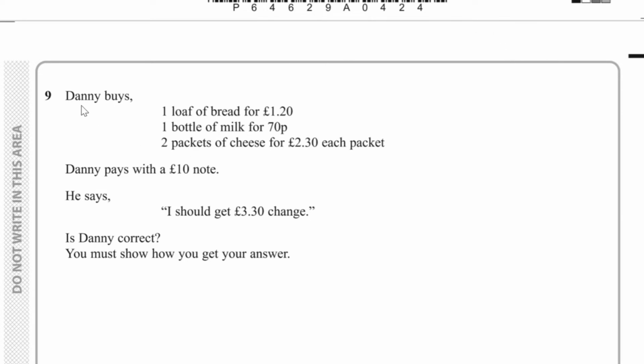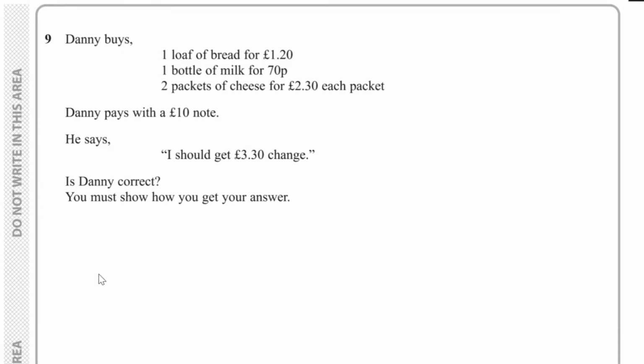Question number 9. Danny buys 1 loaf of bread for £1.20, 1 bottle of milk for 70p, and 2 packets of cheese for £2.30 each packet. Danny pays with a £10 note. He says, I should get £3.30 in change. Is Danny correct? You must show how you get your answer. Well, what is the cost?